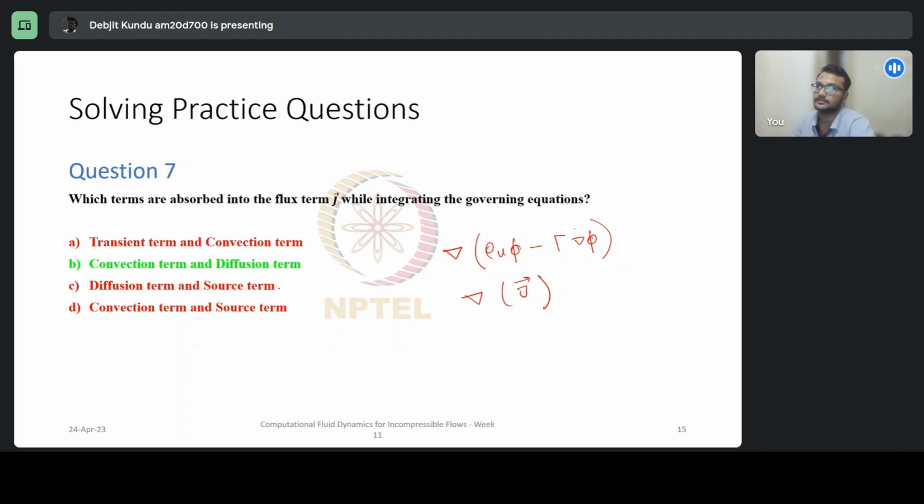So these are the two terms, convection term and the diffusion term, which get absorbed into the flux term. Right? Okay. So we will move on.